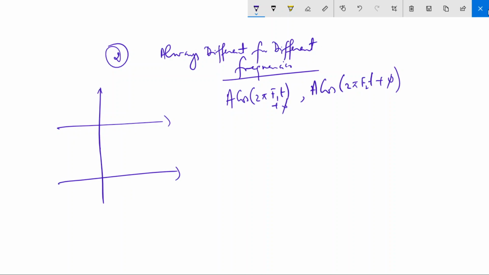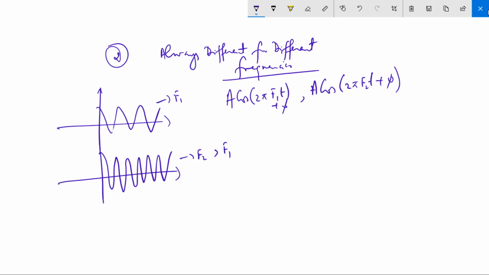Okay, so if you take one signal like this, another signal may be like this. Although the amplitude may be the same and the phase is also the same, the frequencies are different. This is a low frequency, f1, this is f2, which has a higher frequency, f2 is greater than f1.